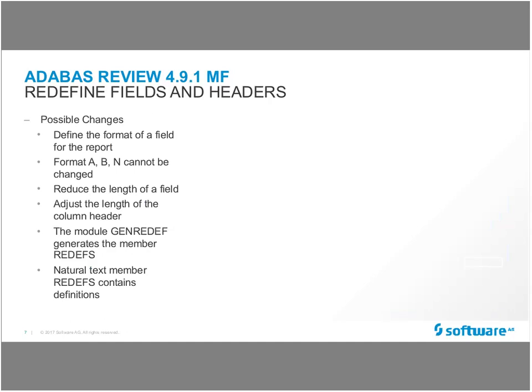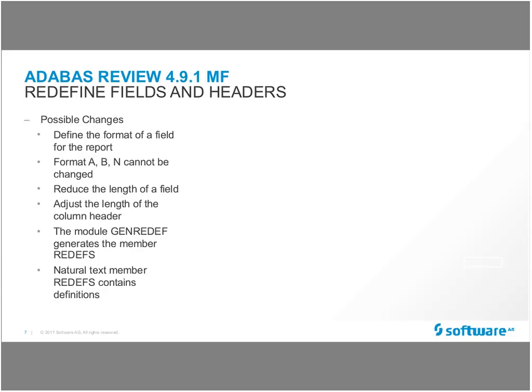Then the next requirement was, I would like to change the layout of a report so that it fits on a screen or on a certain paper. And that's what we address now. What you can do is define the format of a field for a report.